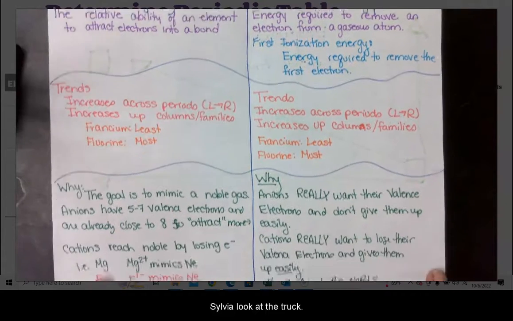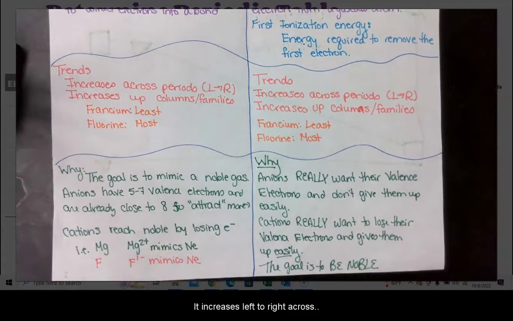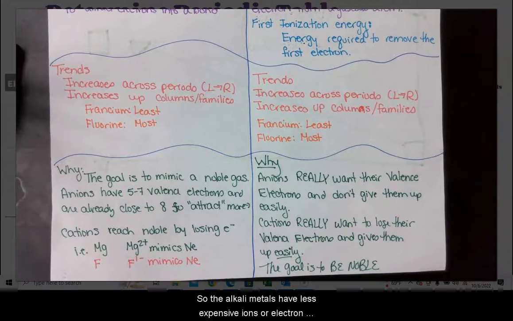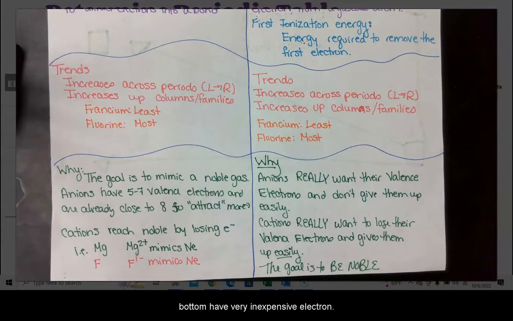So if you look at the trends, it increases left to right across periods. So the alkali metals have less expensive ions or electrons than the halogen family, and the elements on the bottom have very inexpensive electrons.